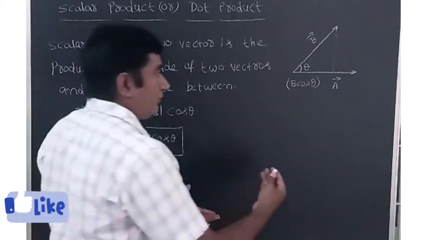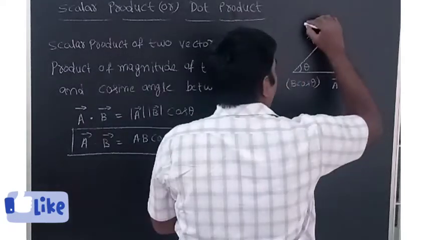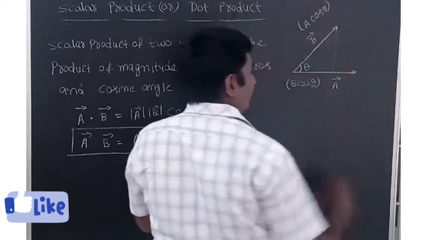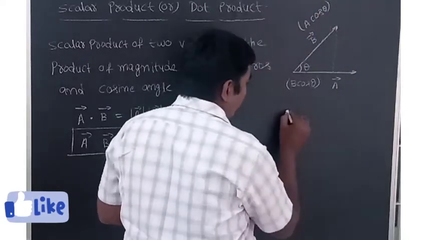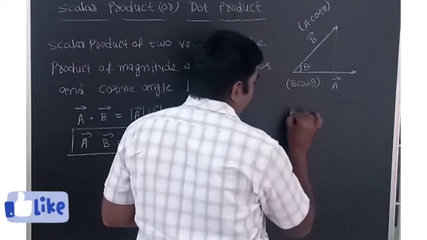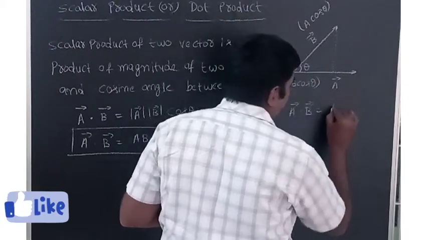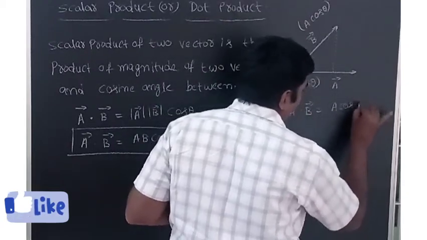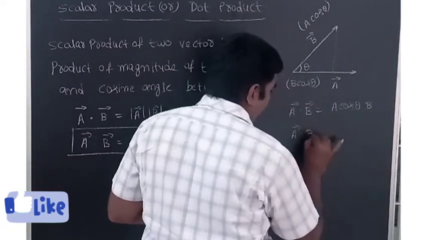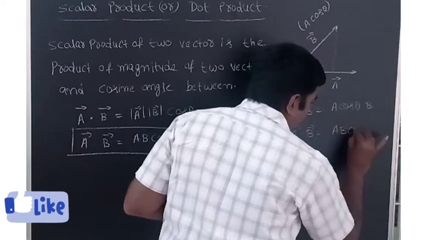Similarly, the component of A vector along B we can write as A cos theta. In such a case also we get A vector dot B vector equals A cos theta into B, which we can write as AB cos theta.